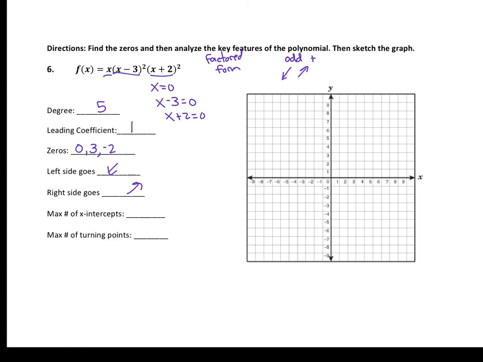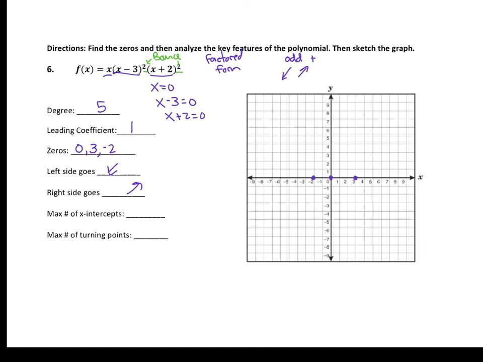The other thing you want to pay attention to: when you have any of your factors that are squared, the graph is going to bounce. So we're going to look and see where the graph hits that 0 and then bounces back down or bounces back up. So here we're going to have a bounce at positive 3 and negative 2. If we plot our points, we've got 0, positive 3, and negative 2.